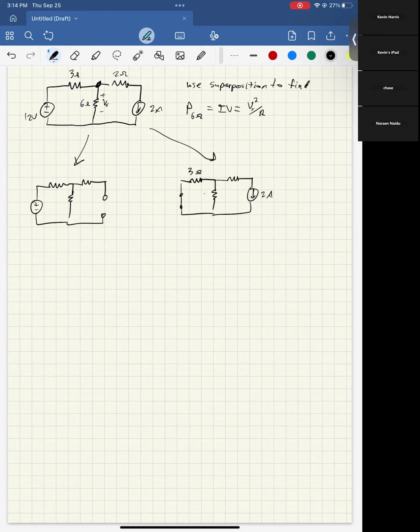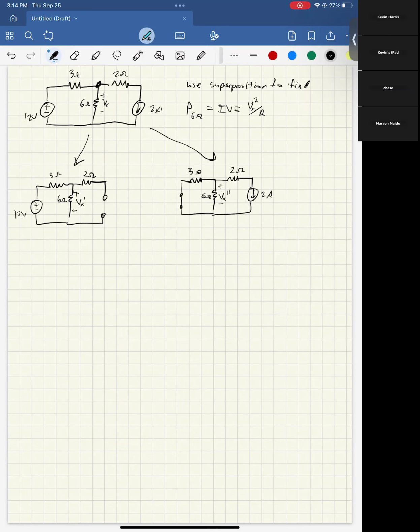I'll fill in all these values. And if we remember, we want to find our Vx prime and our Vx double prime. And then when we add those two together, we will get our answer.